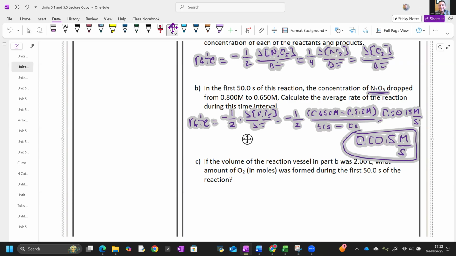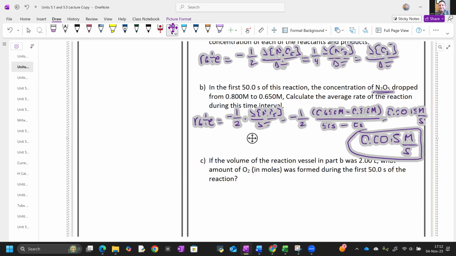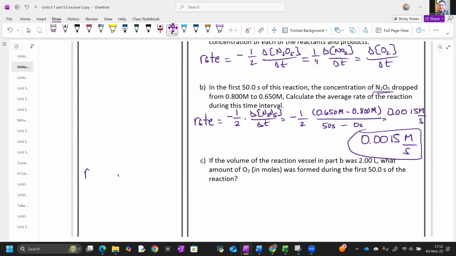Well, we need to figure out the change in the concentration with regard to the change in time of O2. So we write the expression for O2. And the expression of O2 is rate is equal to the change in the concentration of O2 with regard to the change in time. And so what does that mean? Well, it means the change in the concentration of O2 with regard to time is 0.0015 molar per second.